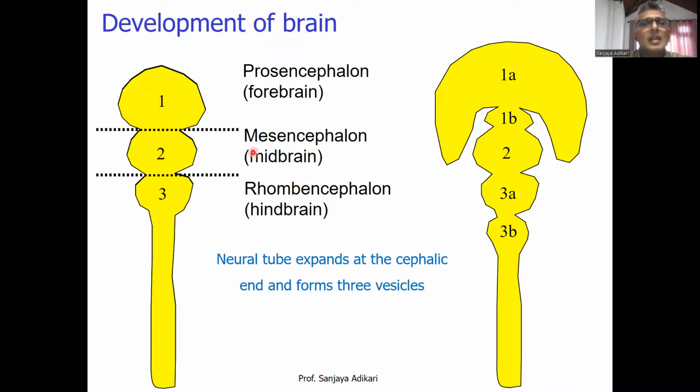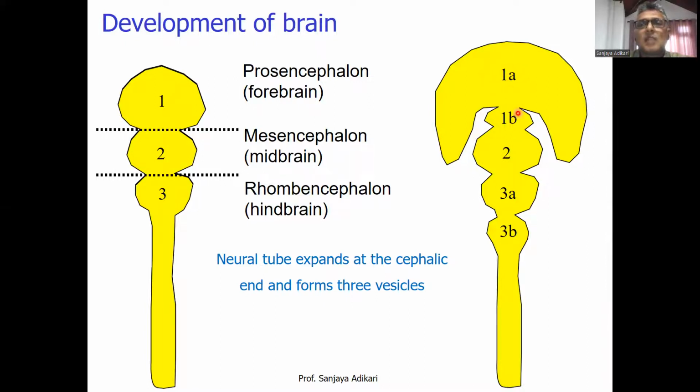Then later, a few days after, these vesicles grow differently. Some vesicles grow very rapidly, others don't, and there are differences made. Now the first vesicle, the forebrain vesicle, as you can see here, divides into two further parts.